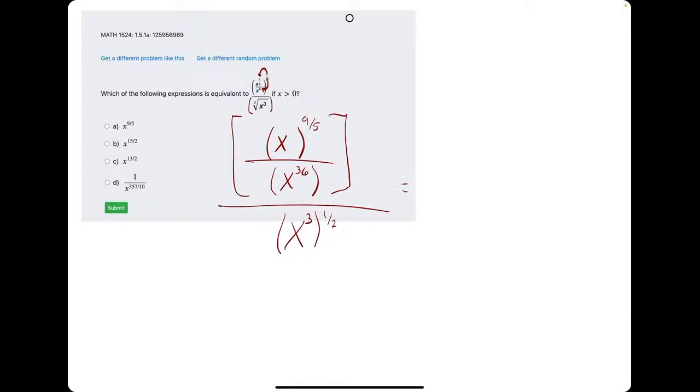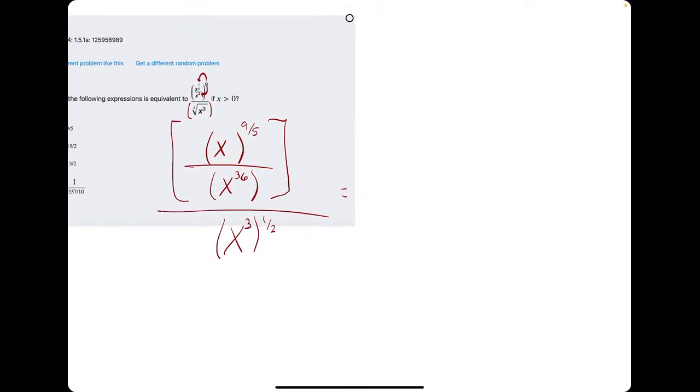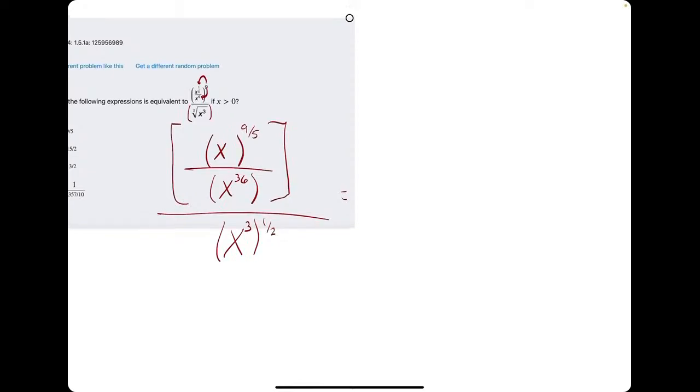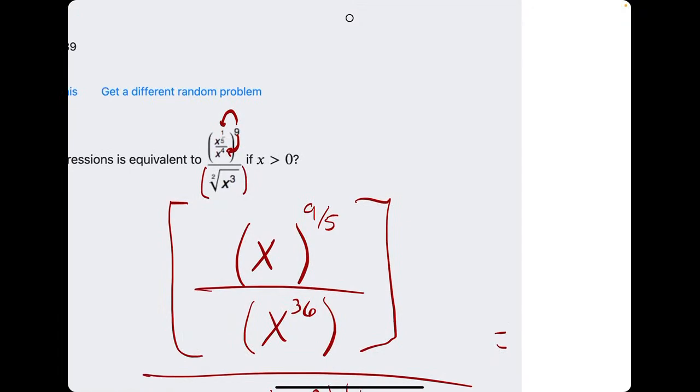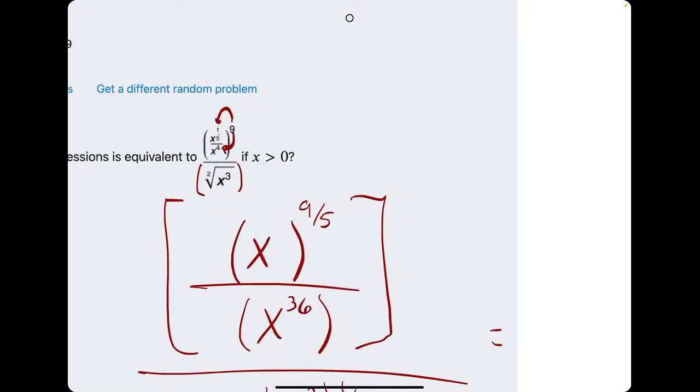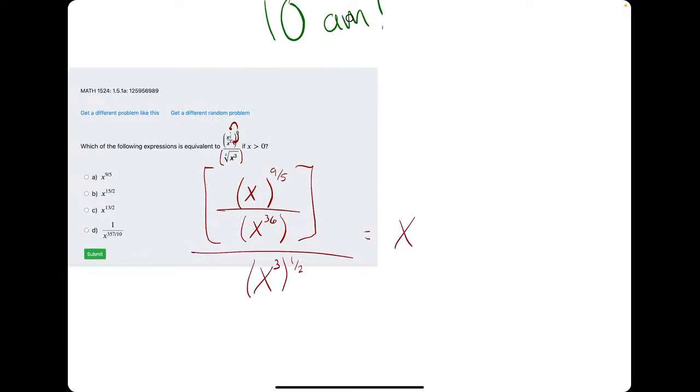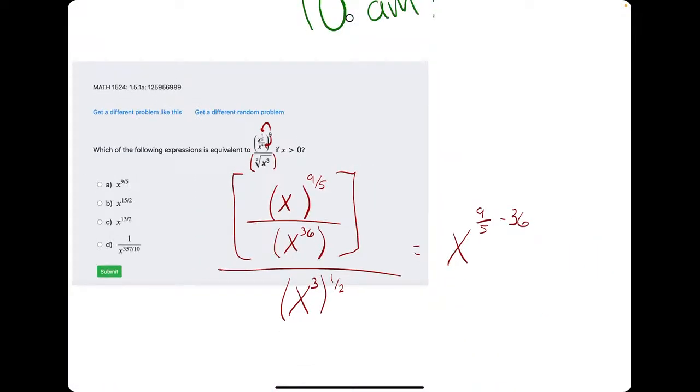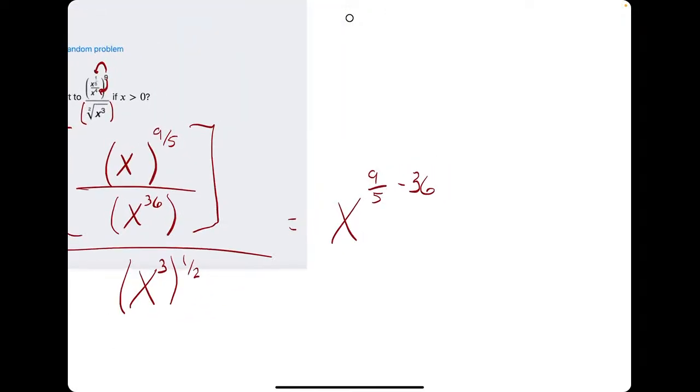Then we want to try to simplify things if we can. I'd probably start with just this numerator here. We have x to the 9/5 over x to the 36, so we want to rewrite that as 9/5 minus 36 within one exponent. When we're dividing two x values with different exponents, we subtract their exponents.